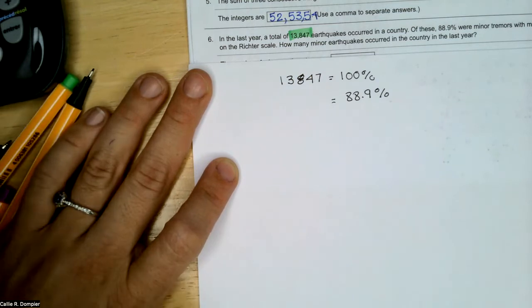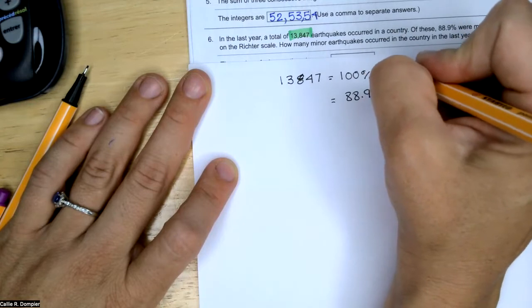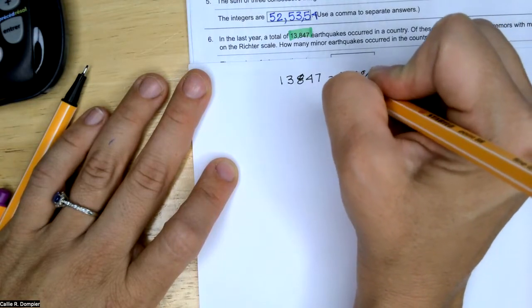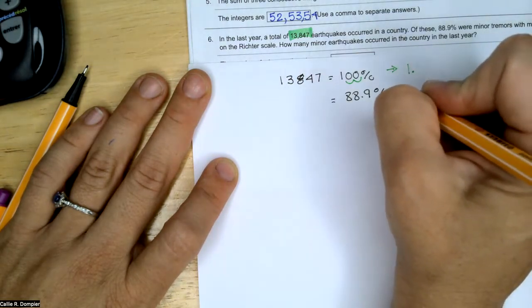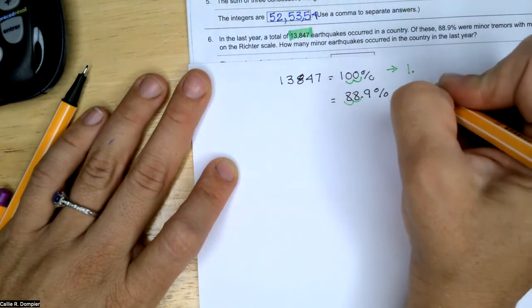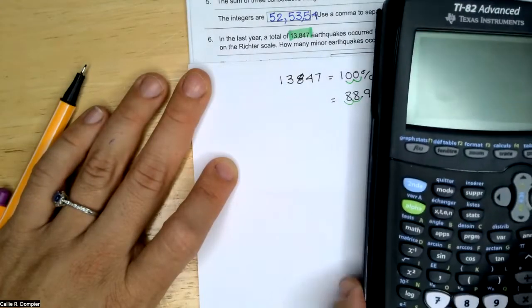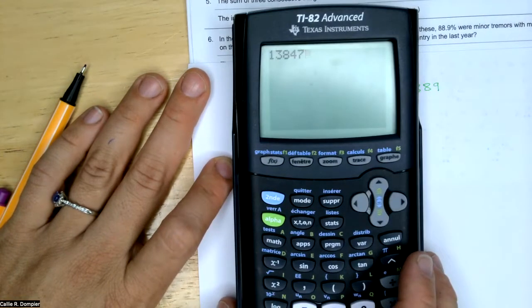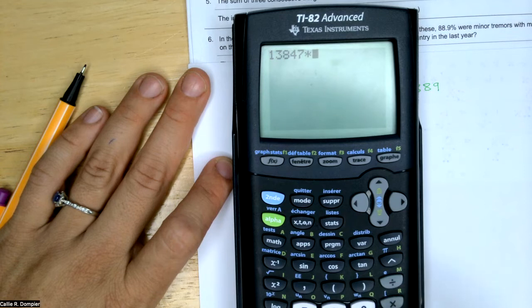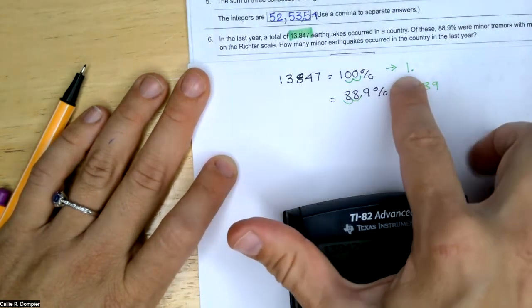Remember, when you're changing a percent to a decimal, you move the decimal place 2 places, 1, 2. So 100% becomes the number 1. 88.9 becomes the number 0.889. Okay. 100% of 13847 is just 13847 times 1, right? 100% of it is, we multiplied it by 1.